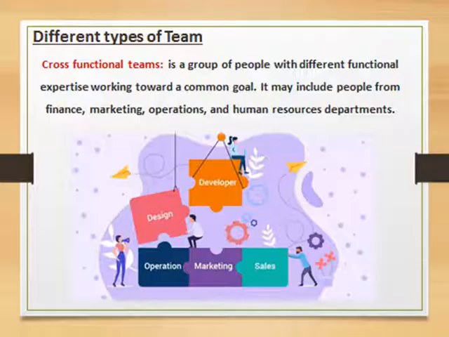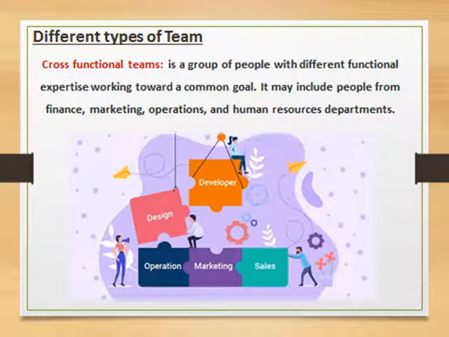Again, when we think about cross-functional teams, this is another type of team, which is a group of people with different functional expertise working toward a common goal. A very common example is an organization that has different functions like marketing, finance, human resources, and production. These are all different major functional areas inside an organization, right?